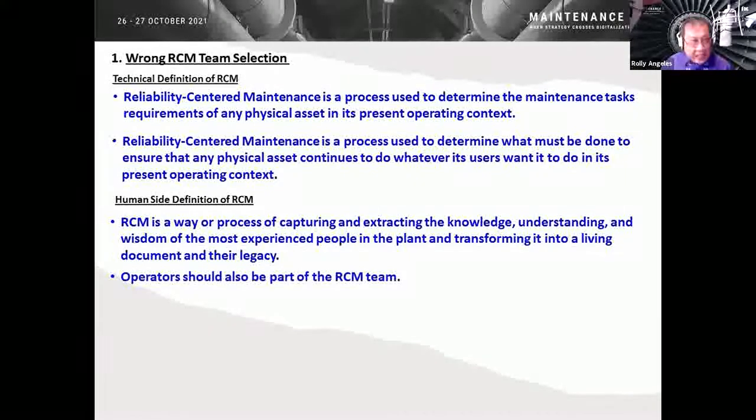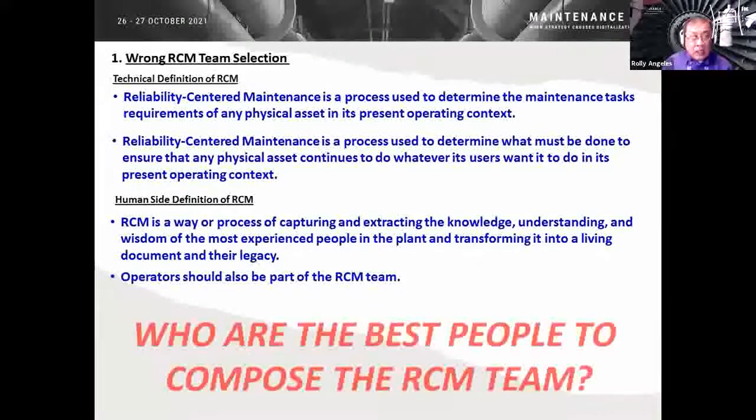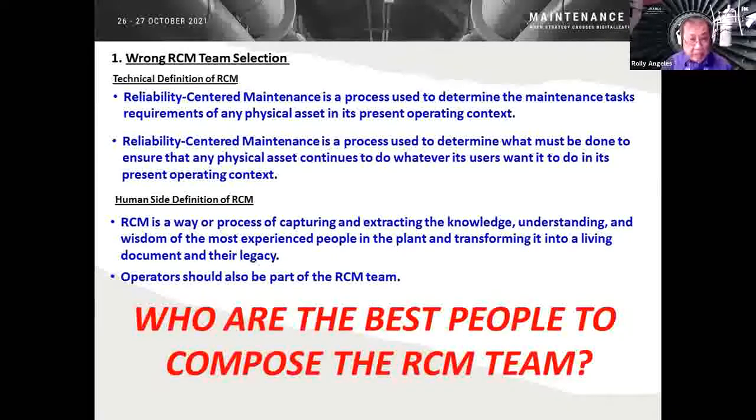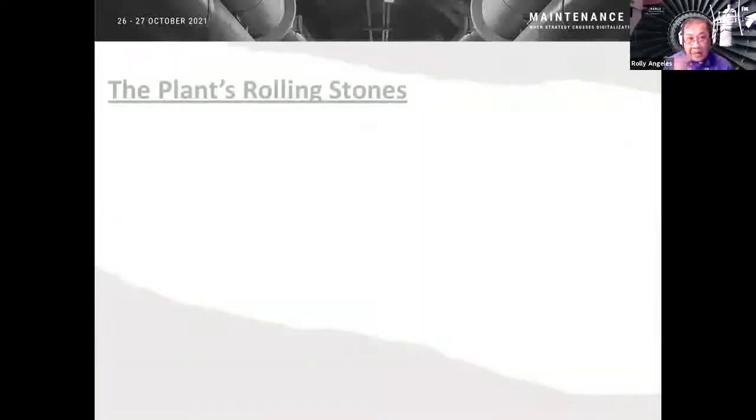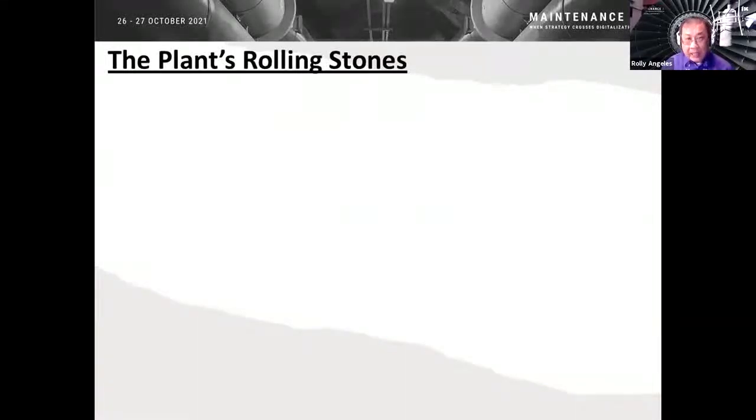Now, one thing most important: if we will select a team, there should be at least a minimum of one operator to be part of the team. So, if we ask who are the best people to compose the RCM team, I think the answer here is that this will be your plant's rolling stones, okay?